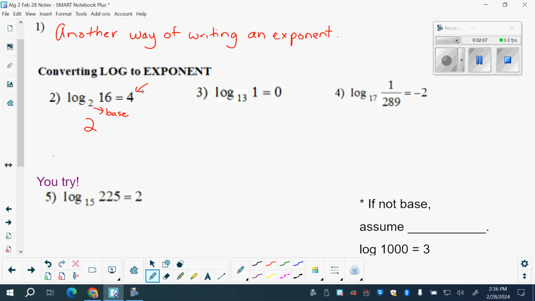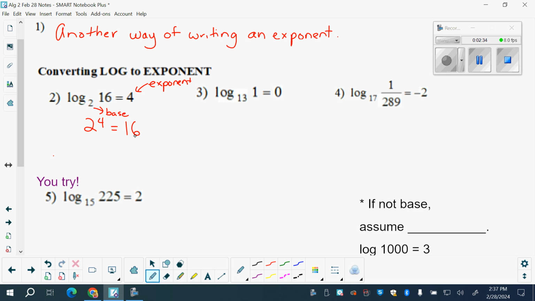And the answer here is the exponent of your exponential equation. So my exponent in the exponential equation is 4. And then my answer to that would be 16. It's just moving things around, and the answer to that log is an exponent. That's what the goal is there.